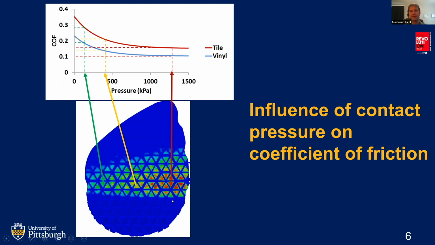Then we have these regions that have high contact pressures, and those are giving us the lowest coefficient of friction values. So this model will tell us that if you want to improve the performance of the shoe, you need some design change to reduce the contact pressures, especially in this region.